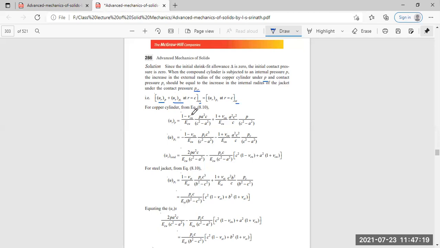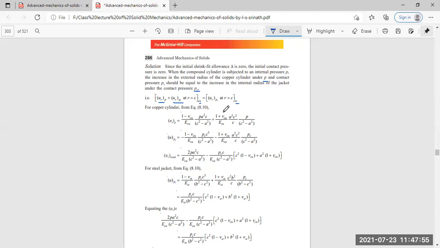This will be equal to one minus the Poisson's ratio of copper divided by Young's modulus, multiplied by the internal pressure of the fluid, multiplied by the internal radius of the copper tube, multiplied by the outer radius of the copper tube, divided by the square of the outside radius of the copper tube minus the square of the internal radius of the copper tube itself.